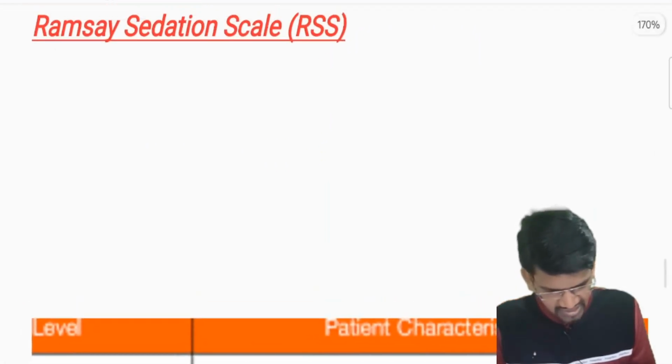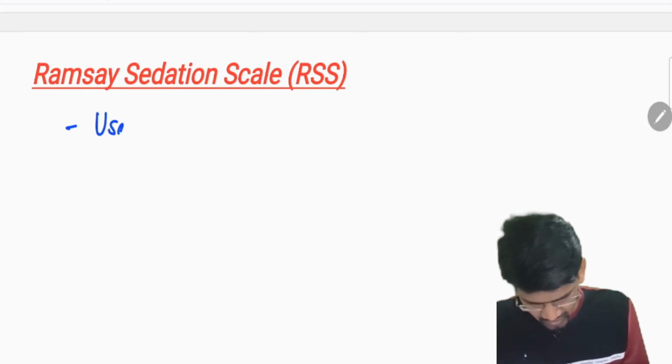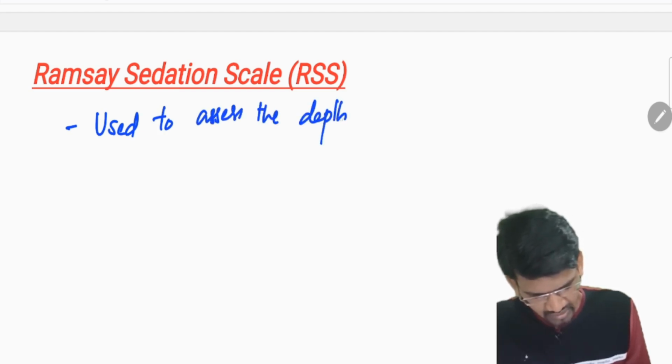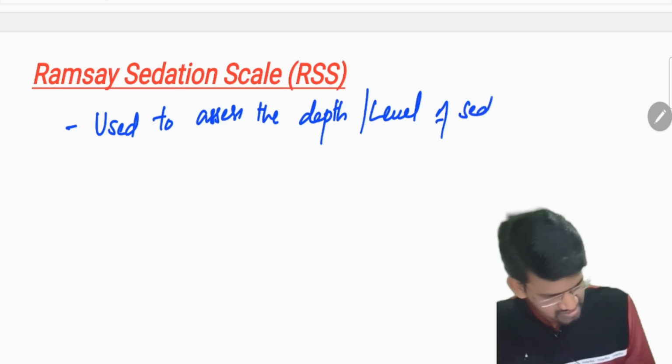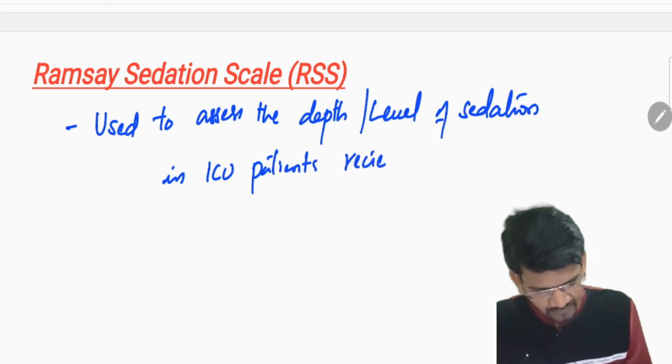The Ramsay sedation scale, as I told you, is used to assess the depth, or the level, of sedation in ICU patients receiving sedation.